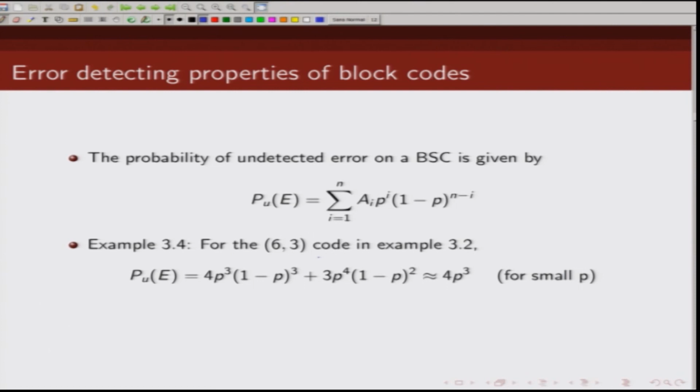So, for a (6,3) linear block code, when does an undetected error happen? An undetected error happens if you send one particular code word and at the receiver you receive some other code word. Without loss of generality, let us assume that we sent the all 0 code word, and at the receiver you received any other non-zero code word.